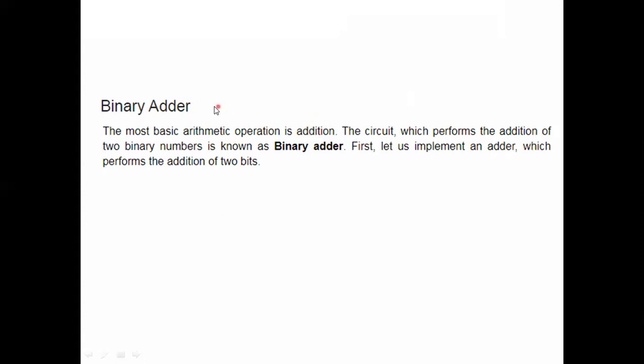For the addition operation we are taking the adder circuit. Okay, Amma, the circuit which performs the addition of two binary numbers is known as the binary adder. Binary adder means adding two binary numbers.